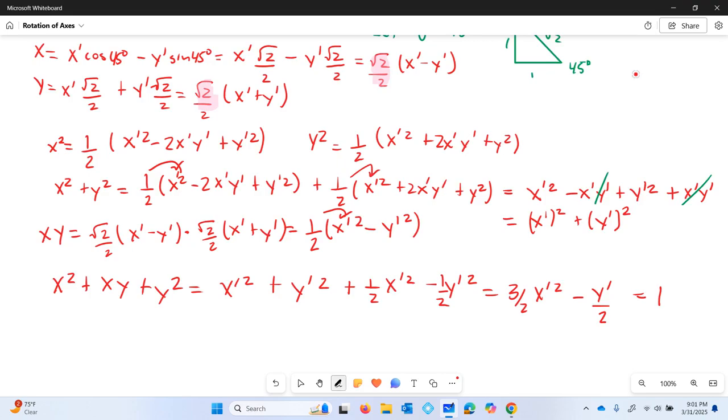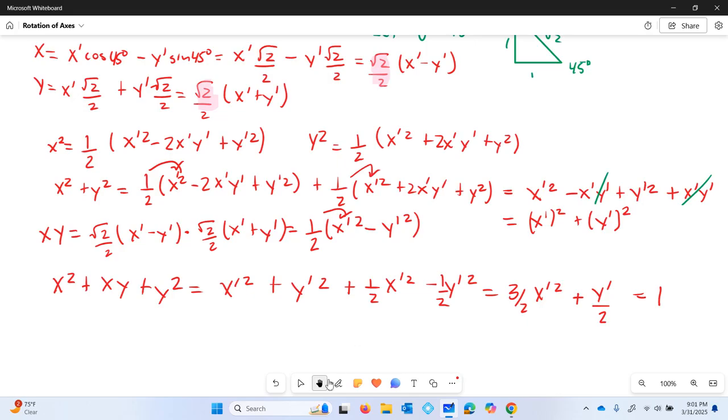Ah, it should be plus, right? Yeah, so it should be plus. Okay, so now it looks like we have a hyperbola, not hyperbola, I'm sorry. This is an ellipse.